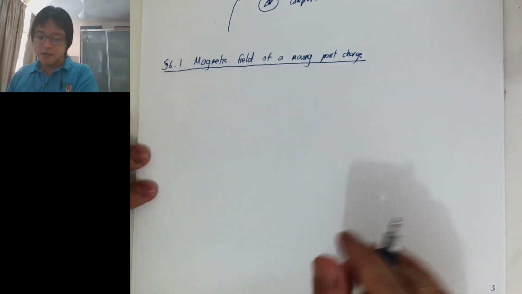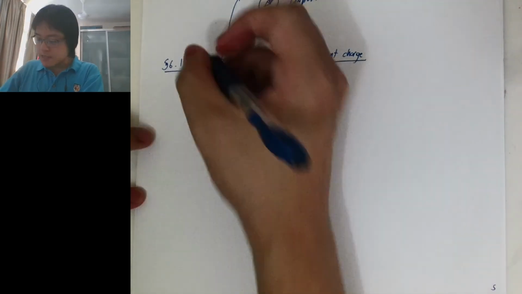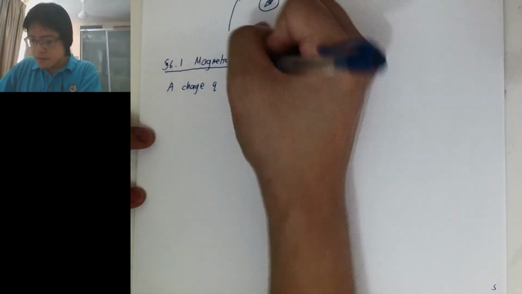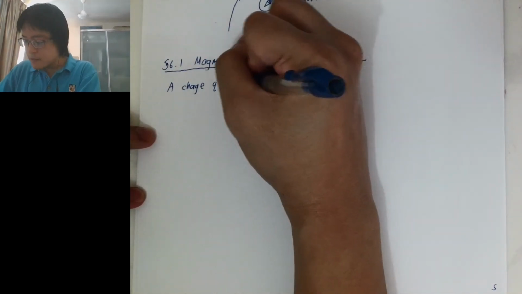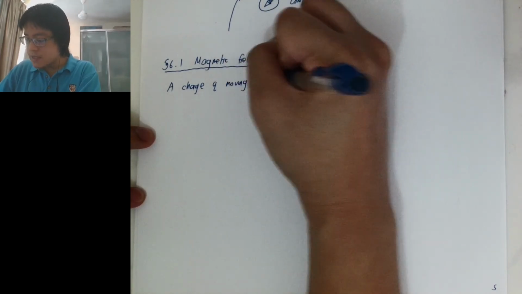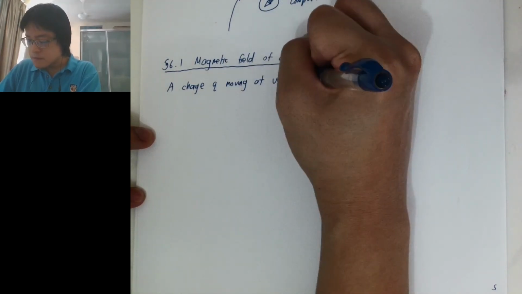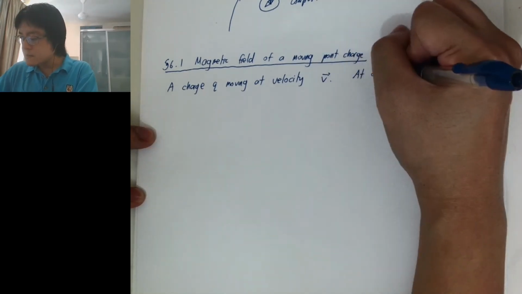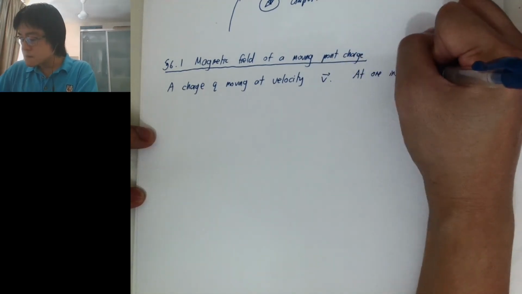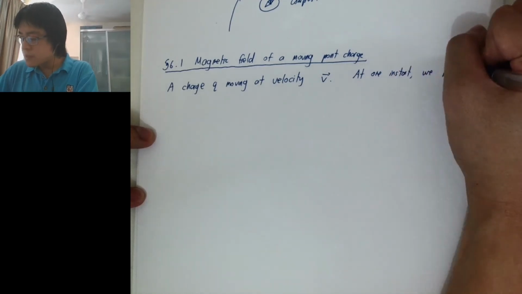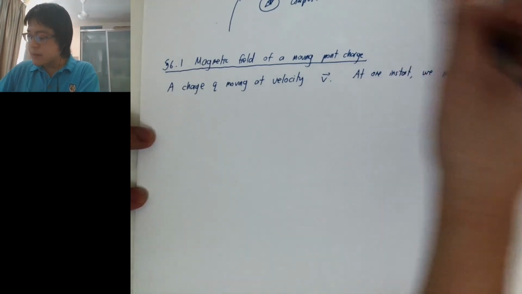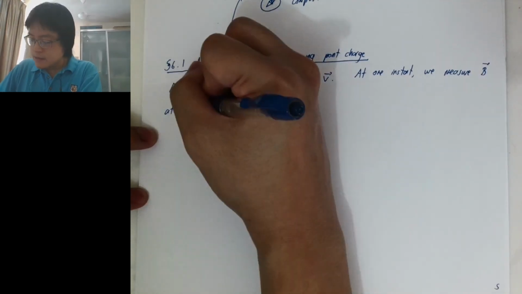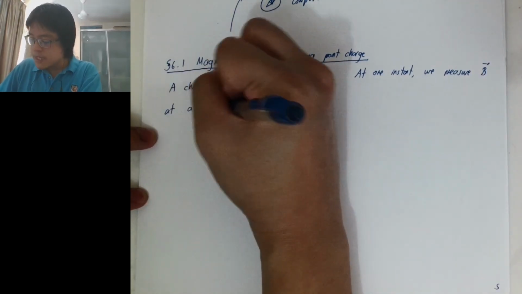But for a moving point charge, how can we find the magnetic field? So firstly, let us consider a charge Q moving at velocity v. And then at one instant we measure the magnetic field at a point P somewhere.